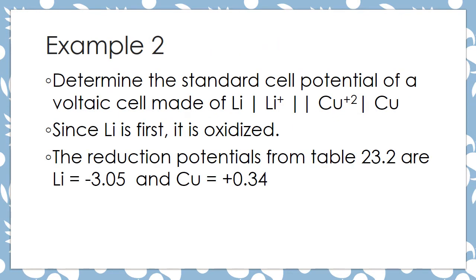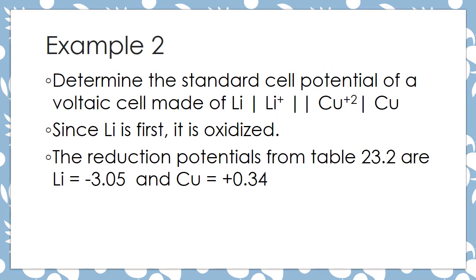Let's look at example 2. Determine the standard cell potential of a voltaic cell, but now we're not doing zinc copper, let's do lithium copper. And notice how I've drawn it so that the electrons go from lithium to copper. So since lithium is first, that's the oxidized side, because that's losing electrons, and copper is gaining electrons, that's where reduction will occur.